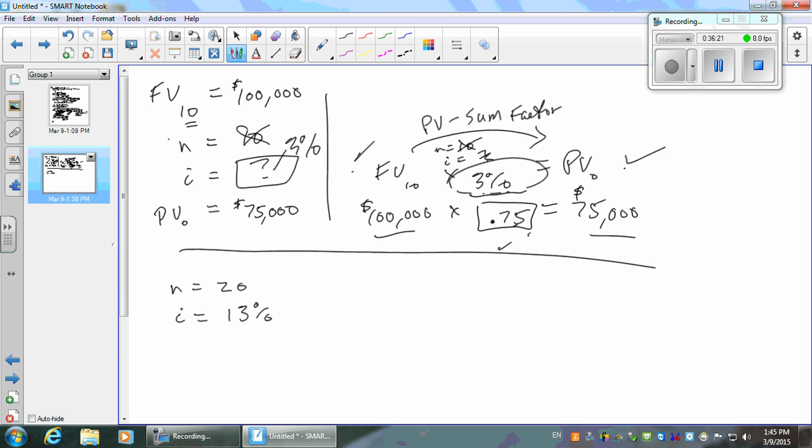So here we go. We got 20 periods, 13% that we're going to invest, okay? And let's say we would like to have a future value at the end of those 20 periods of $1 million, which isn't nearly enough to retire on, but you'd like to have that. Because you could retire decent with that, maybe. You want to have $1 million plus your Social Security when you're 65.